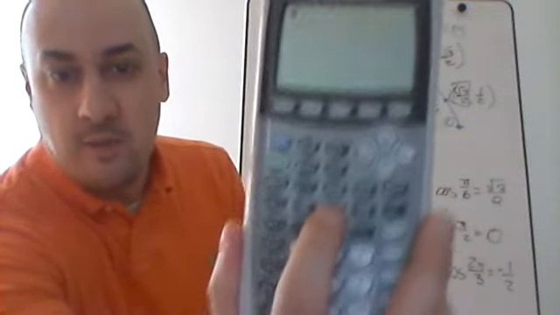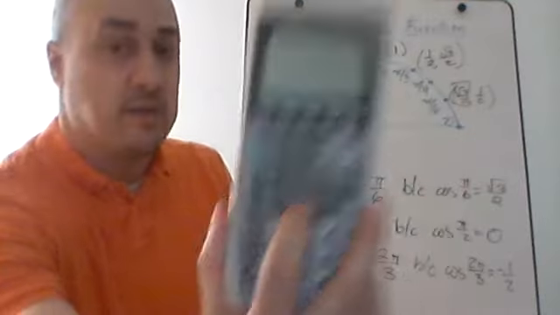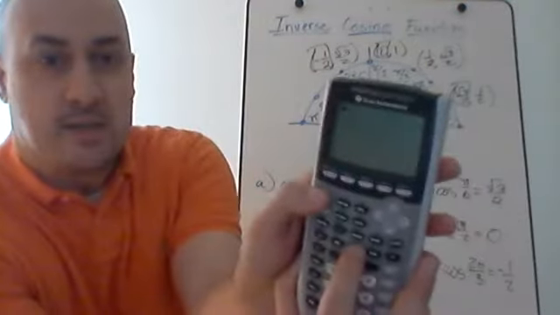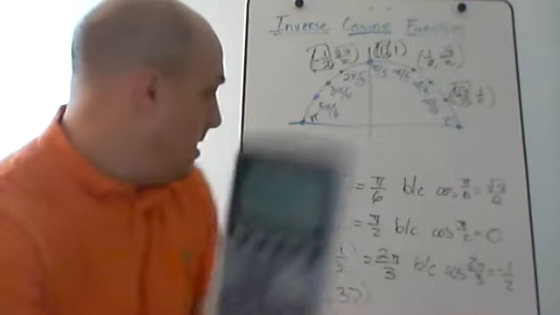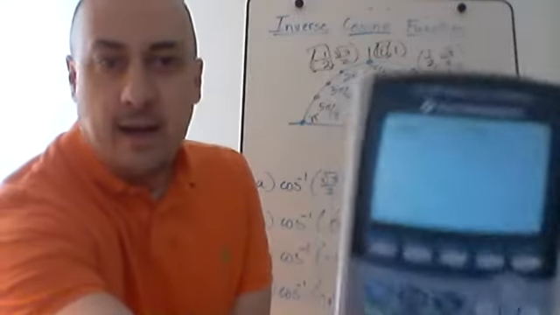If you look above the cosine button, I don't know if you can see it, but in blue it says cosine inverse, the cosine with a -1. So if I want to do an inverse cosine, I do the second button and then the cosine button. That gives me the cosine inverse. And then I type in my number, negative 0.37, and then I hit enter.